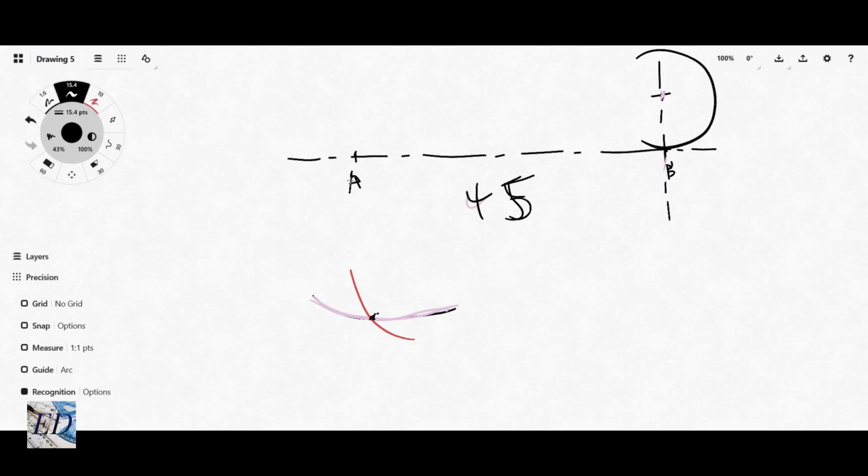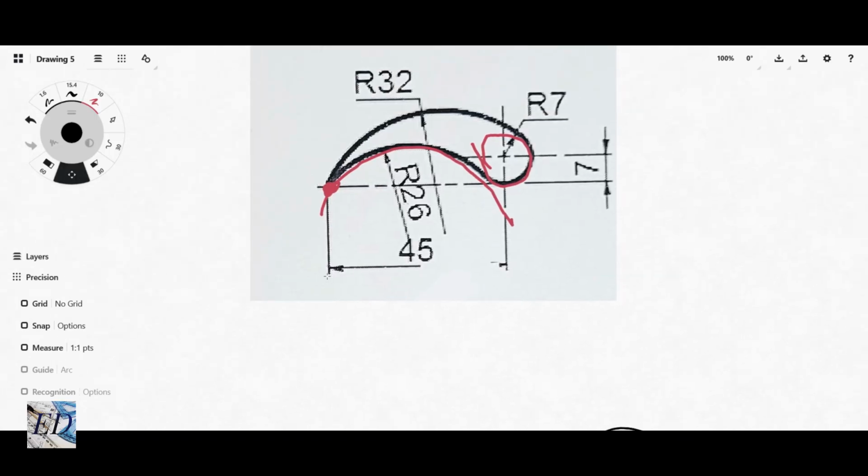And then you go on to the next line, from this direction. It's a lot similar to the one we just did. The only difference is that it's touching here internally. So the first one was an external relationship, and this is an internal relationship. That's what makes the difference.